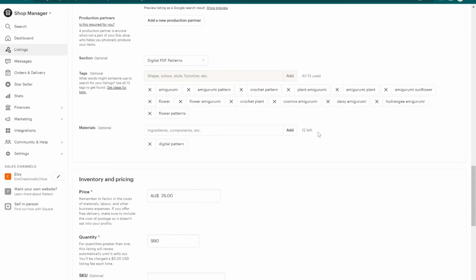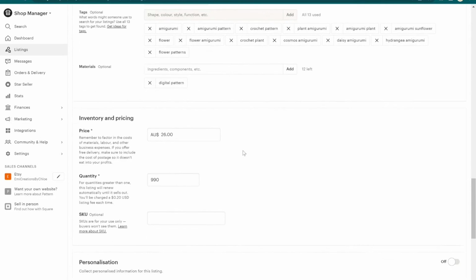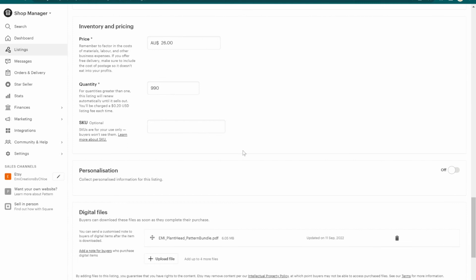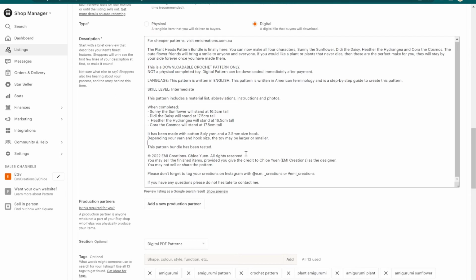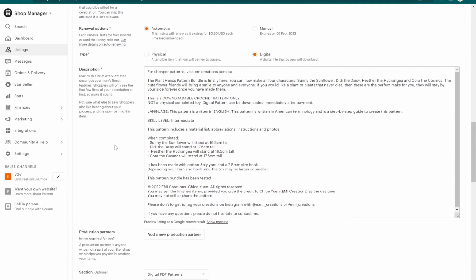I'm not sure if this particular part actually helps with your SEOs. But if you know, definitely correct me in the comments. But for this particular listing, I've only just noted that it is a digital pattern. And that is it.